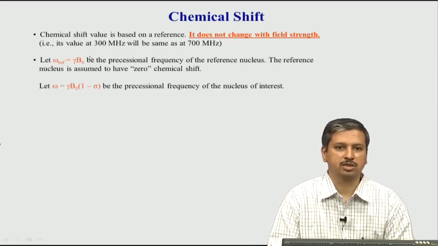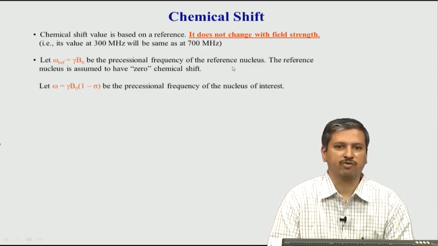Now look at this equation here, a standard NMR equation which says that omega is equal to gamma B0. Suppose we have a reference molecule. Let us not look at which molecules can be used for reference, but suppose you have some hypothetical molecule, which we call a reference, and that molecule will have a peak with an omega, a precessional frequency, related to this.